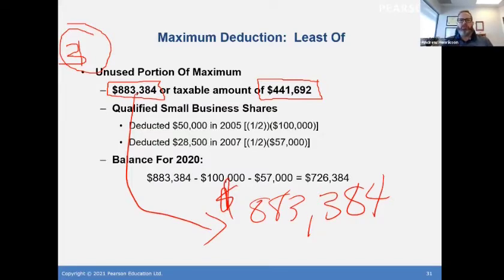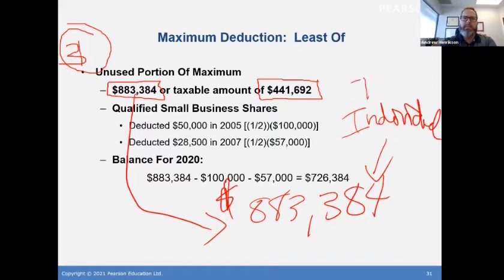How can we use these to our benefit? This limit is for every individual, every taxpayer. It's not for every company. This is for one individual.